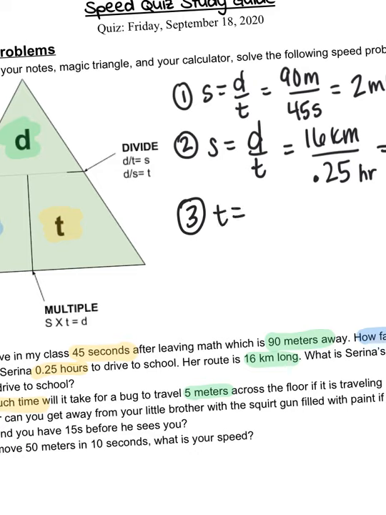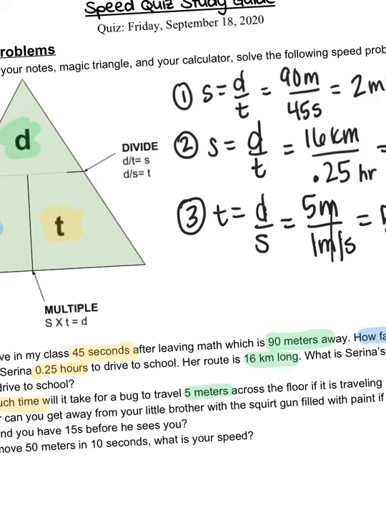We divide distance and speed, right? Okay, so our distance is what? 5 meters. What's our speed? And we get 5 seconds.